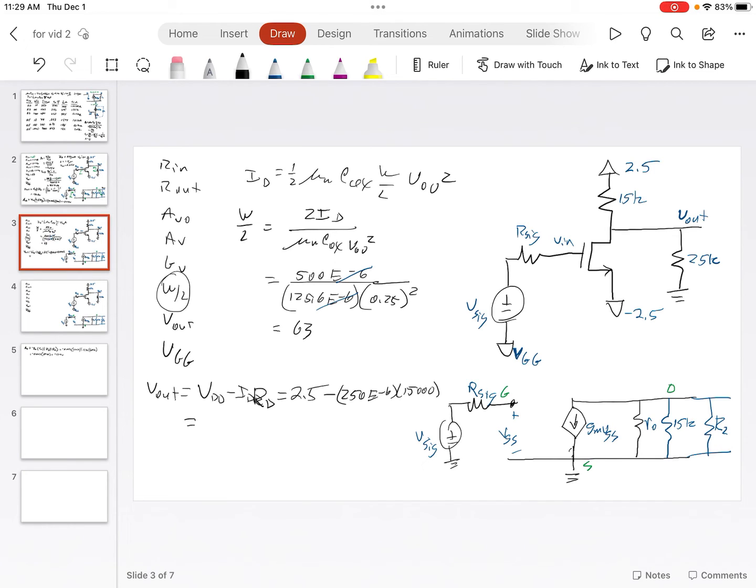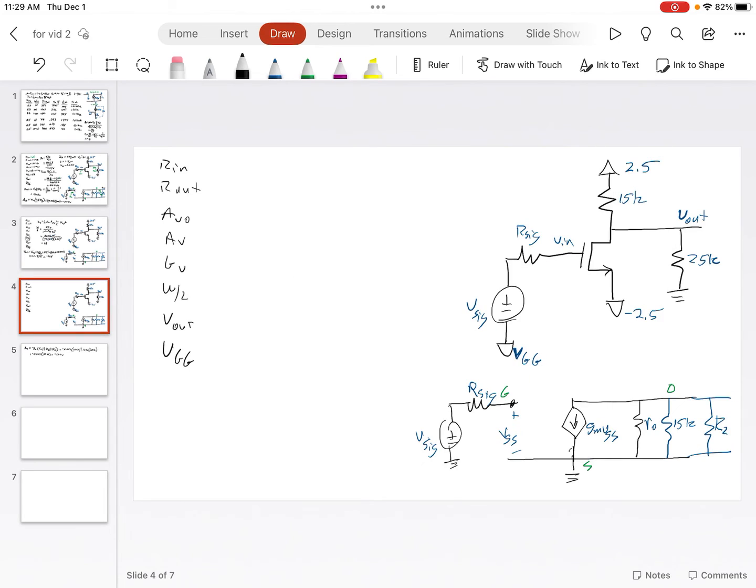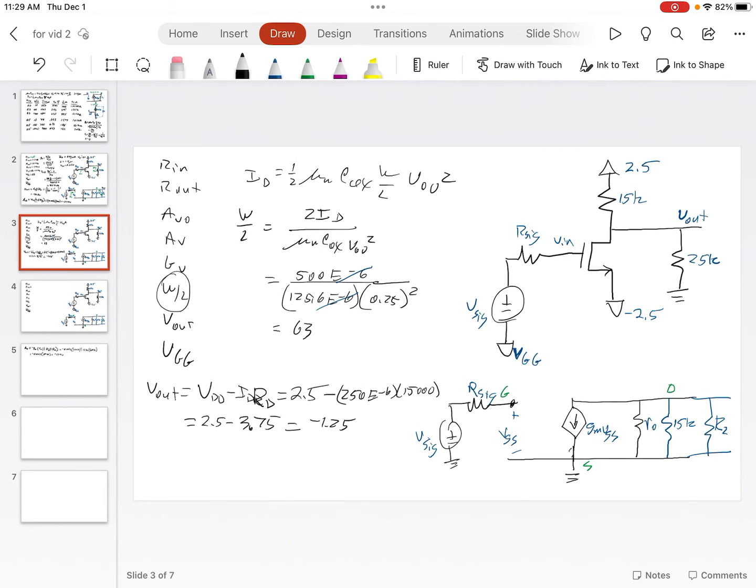So we get 2.5 minus 3.75. Now, is that scary? Is that not good? Well, it's okay because we have the lowest value of minus 2.5. So we're going to have a negative value here, minus 1.25, but that's okay because we've got this VSS, which is even more negative. So we still have a positive VDS.